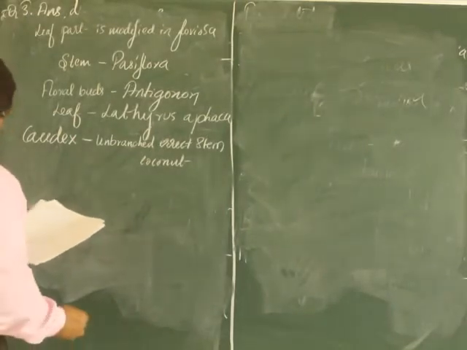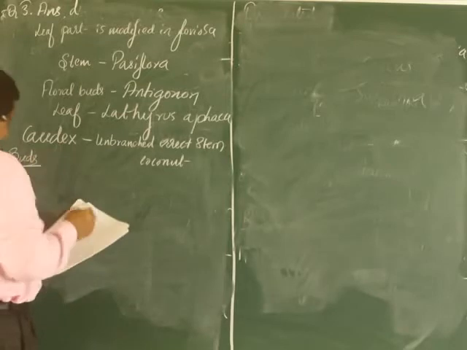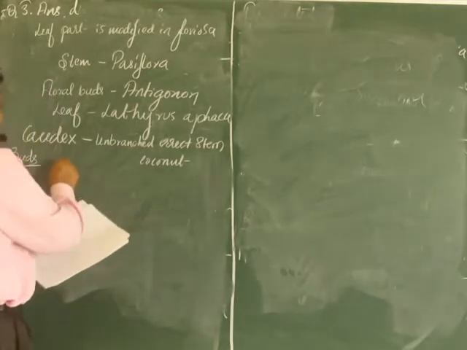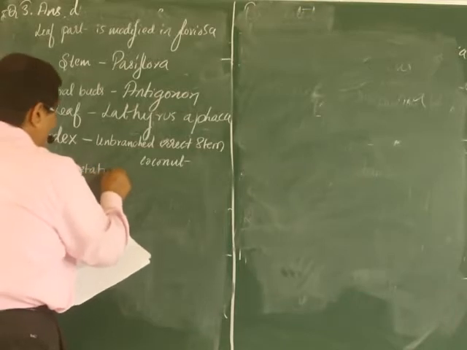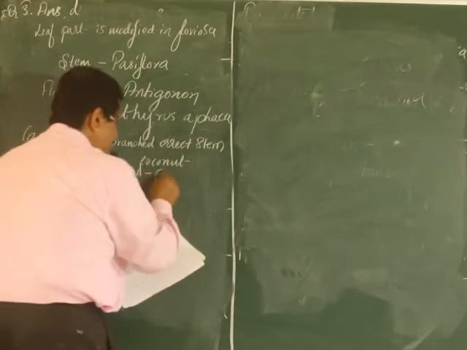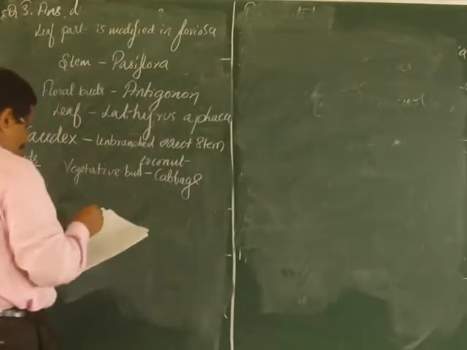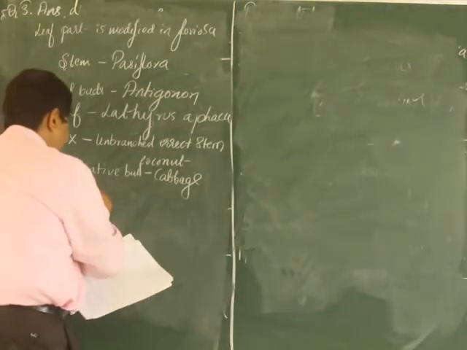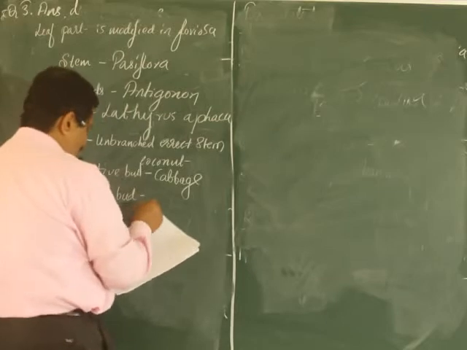Then buds. There are different types of buds. Vegetative bud. It is seen in cabbage. Floral bud in cauliflower.